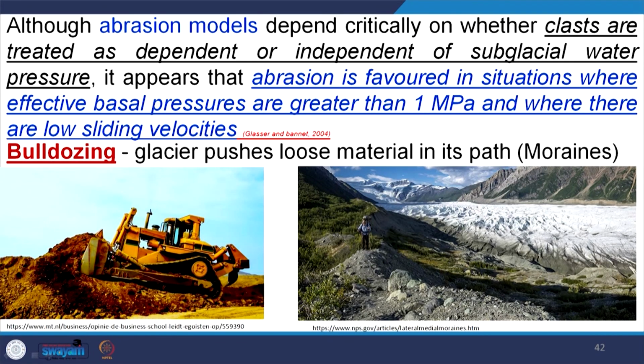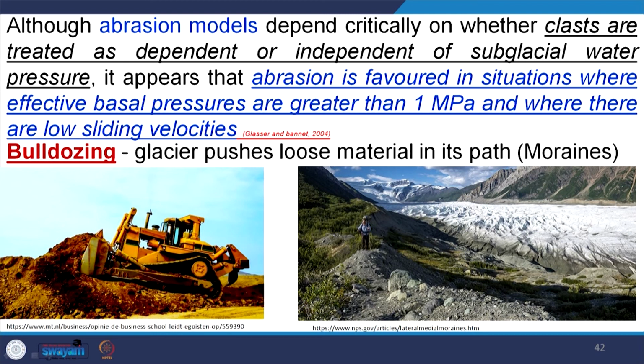Although abrasion models depend critically on whether clasts are treated as dependent or independent of subglacial water pressure, it appears that abrasion is favored in situations where effective basal pressure is greater than 1 megapascal and where there are low sliding velocities.